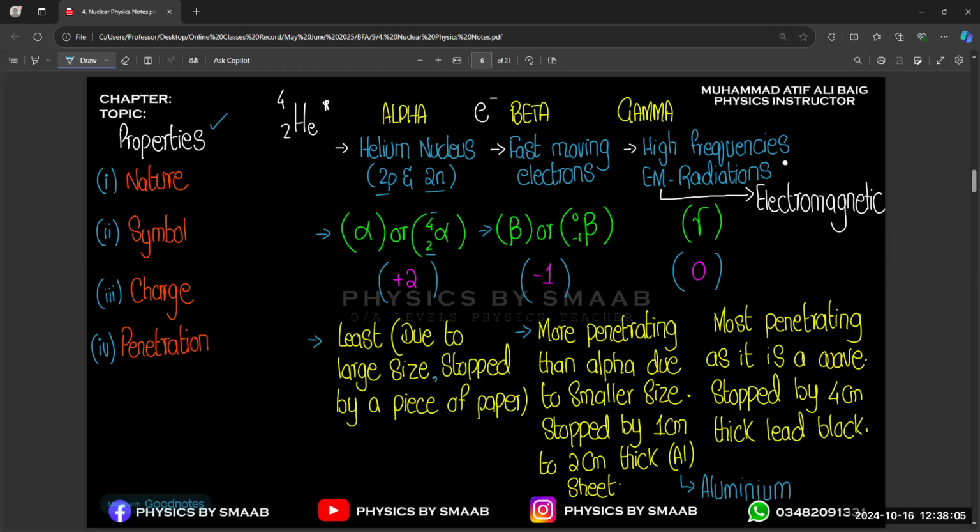Okay. And if we compare gamma, there is no mass of gamma according to the nature of gamma. It is only electromagnetic radiation. So definitely electromagnetic radiations can easily pass through many materials.